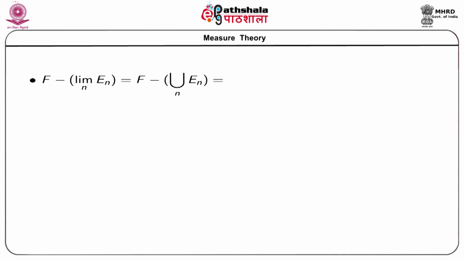Finally, if we consider f minus the limit of n, then this is equal to f minus the union of n, which is equal to the intersection of f minus n, and this is equal to the limit of f minus n belonging to MR. Again observe that as n is increasing, f minus n is decreasing.